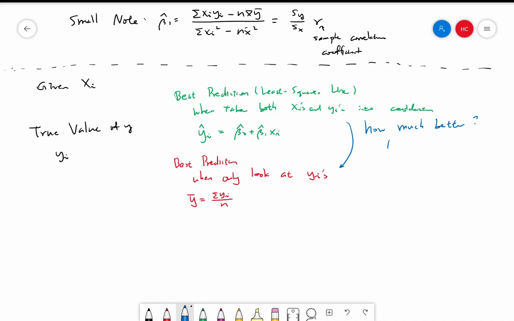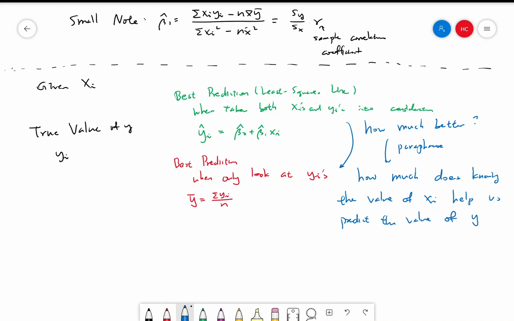In a different way to phrase this, how much does knowing the value of xi help us predict the value of yi?